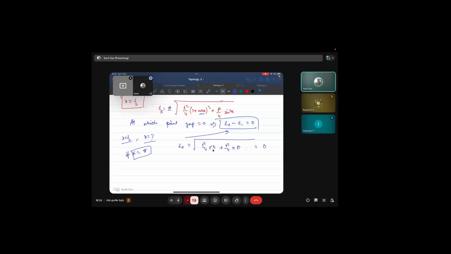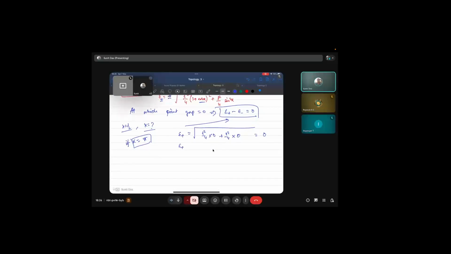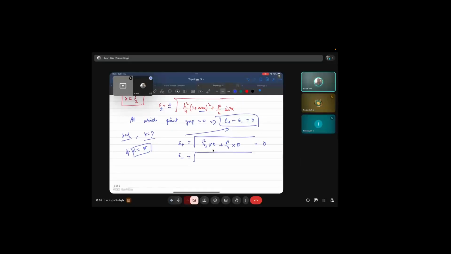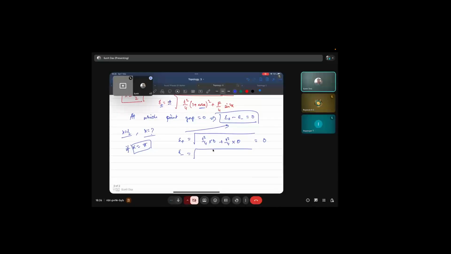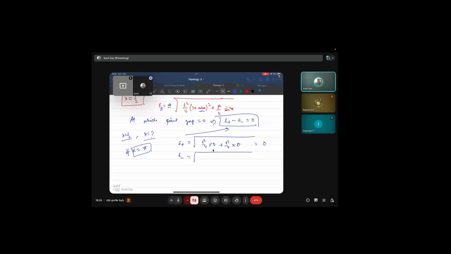So this means energy is 0 for the positive branch, and for the negative branch this is again 0, right? So simply it is clear from here, the whole term vanishes. So epsilon plus and epsilon minus is 0.